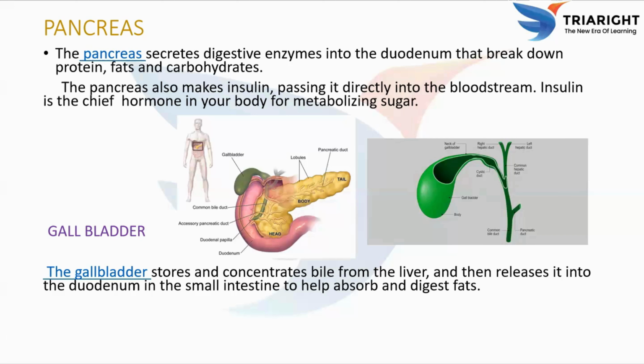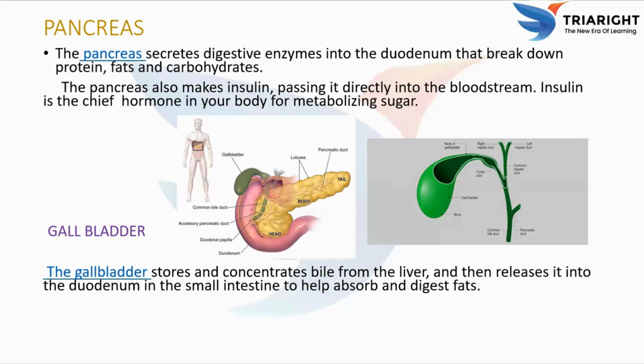So when you eat a fatty meal, the gallbladder releases the bile into the duodenum through the pancreatic duct and common bile duct. The duodenum is the first part of the small intestine.